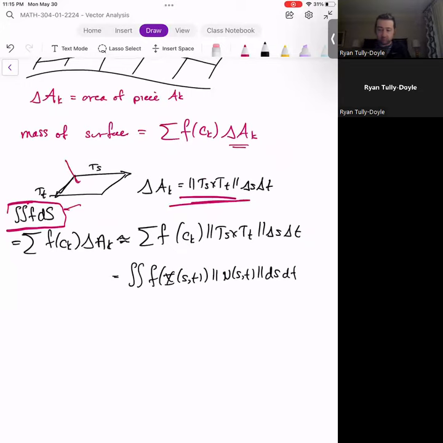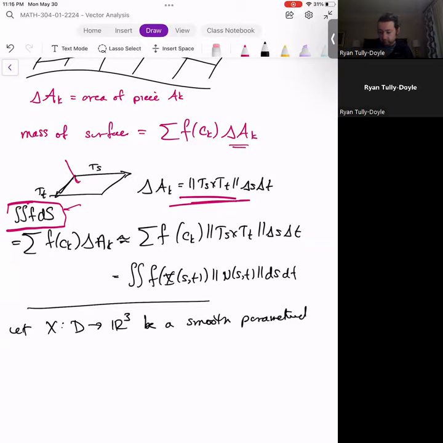And so this turns out to be our definition of a scalar surface integral. And so if we let x take D into R^3 be smooth, let's let D be bounded, and we'll let f be continuous.